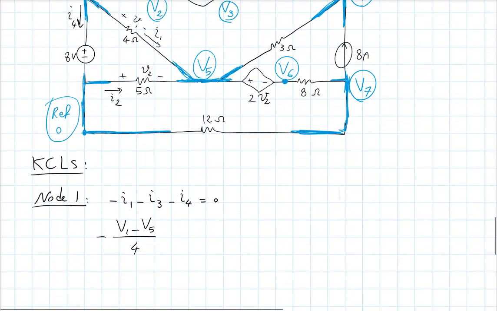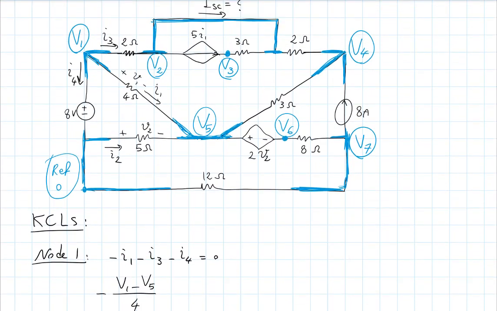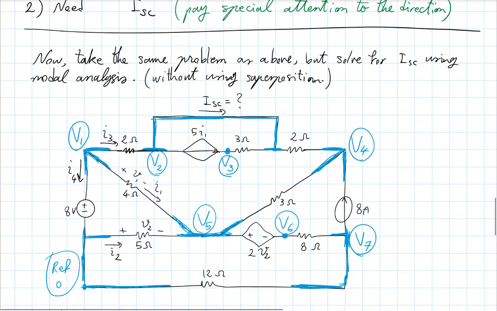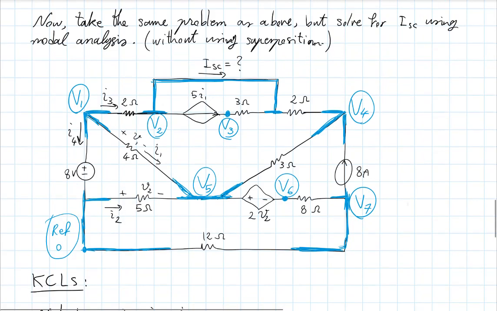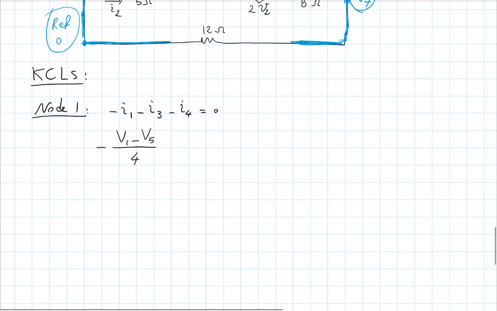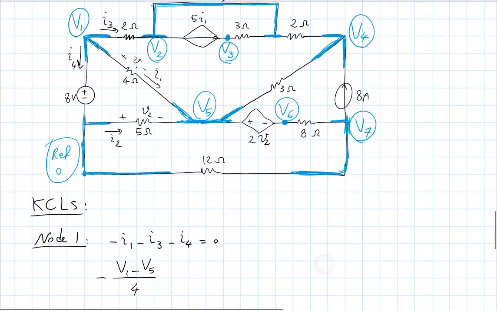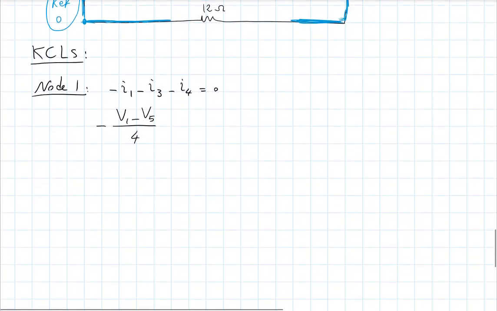Now notice the negative sign I have next to this is just from my KCL, because I'm used to including currents that leave the node with a negative sign. Okay? You might be doing the opposite. That's also fine. But for me, this is how I'm used to doing things. Next is I3. And by the same type of argument, it's simply V1 minus V2 divided by the 2 ohms.